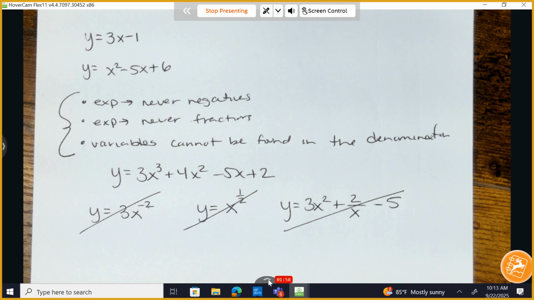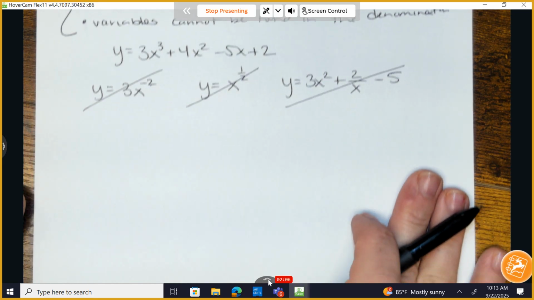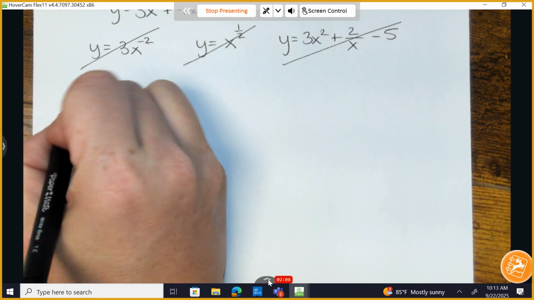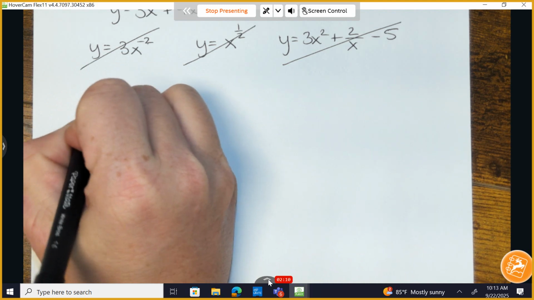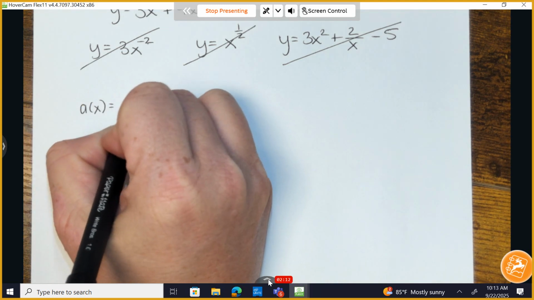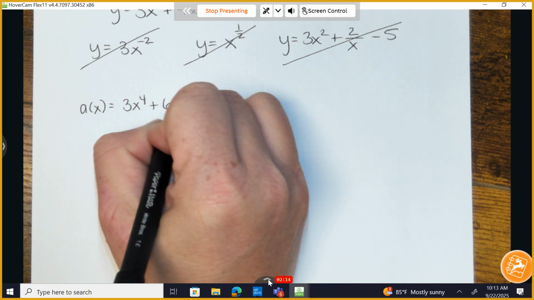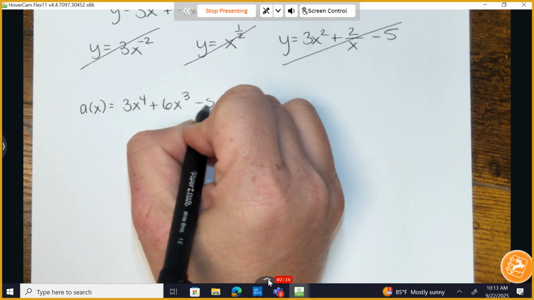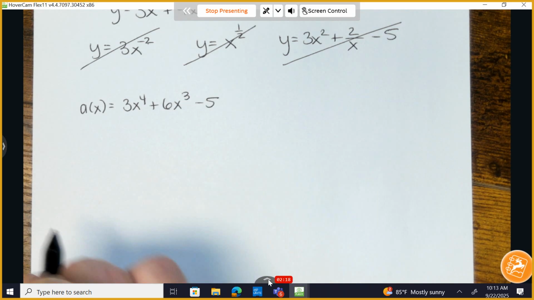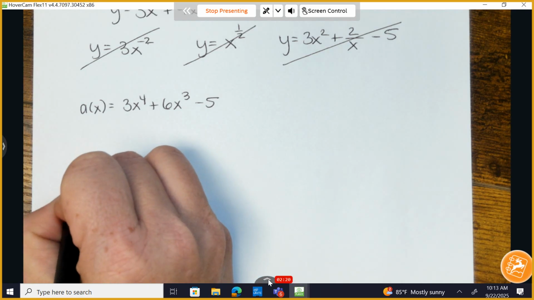The next learning objective is that when we look at an equation, we talk about what the degree and the leading coefficient are, and that's going to lead into end behavior. So let's write down a few examples. A equals 3x to the fourth plus 6x cubed minus 5. I'm going to leave a little space to come back and do end behavior.